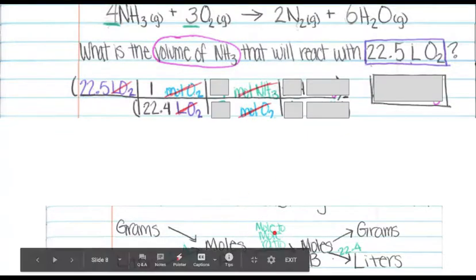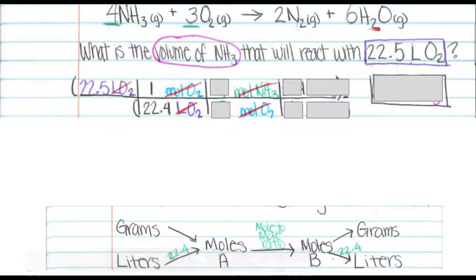To get the mole to mole ratio, you should remember that you are looking at the coefficients in the balanced chemical reaction. Oxygen in my balanced chemical reaction has a coefficient of 3, so next to oxygen I'm going to put the number 3. Ammonia has the number 4, so next to moles of ammonia I'm going to put the number 4.